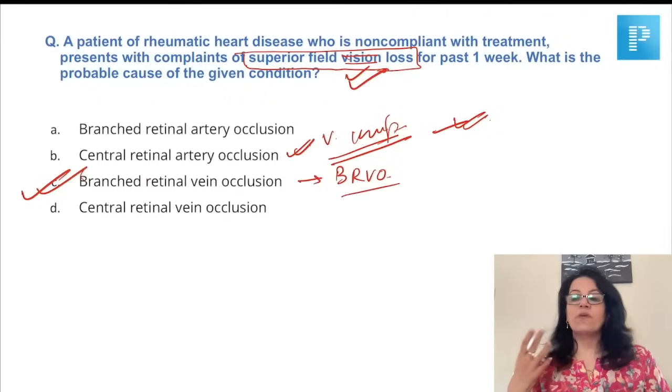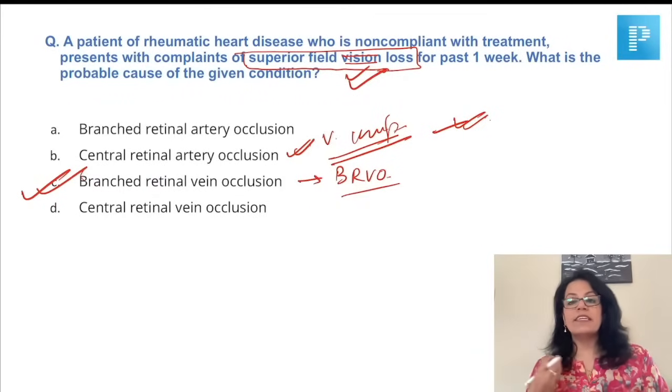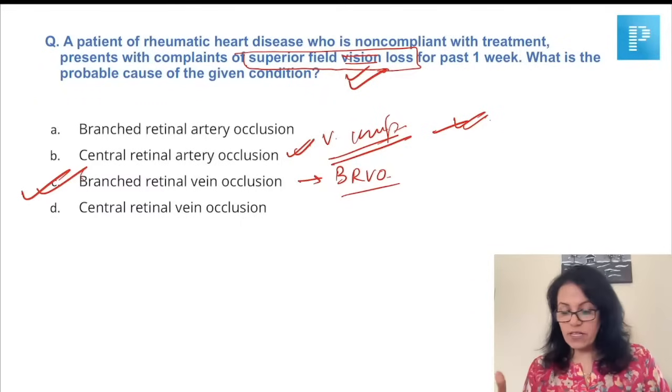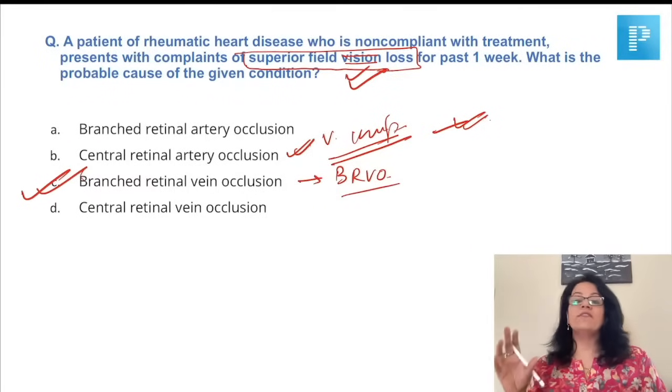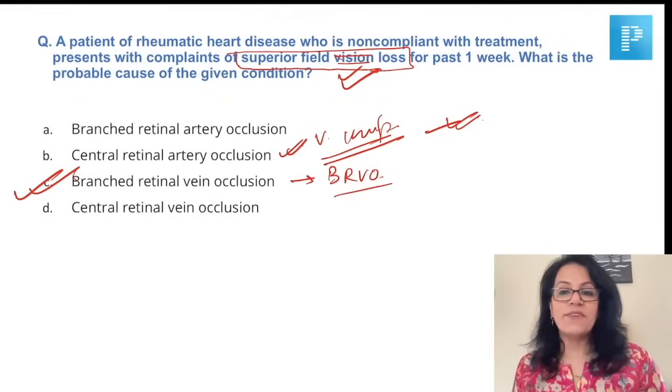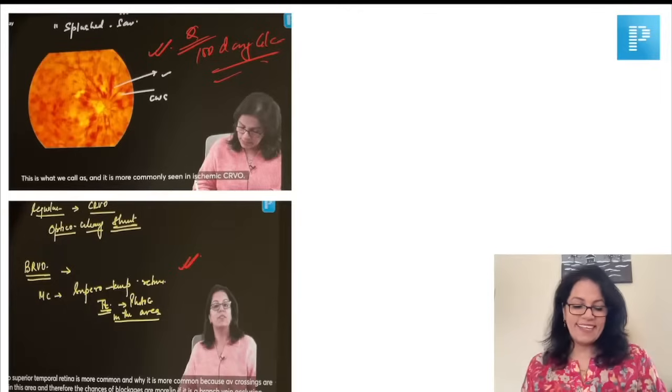It could be due to mucormycosis, all these points. And what is the critical time for treating a CRAO? It is within 90 minutes. Just revise all these, these are very important topics. All these options are important to be thorough with. Okay, so CRVO, CRAO, these are things to be learnt well for your further exams. And yes, because we are getting a field defect, it's a chronic damage, we'll answer BRVO. Okay, okay.